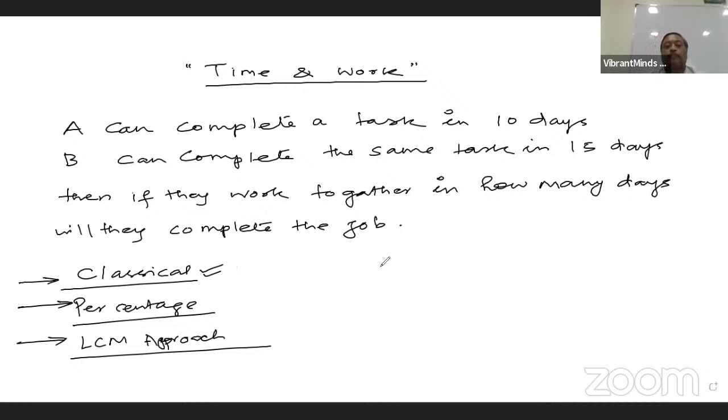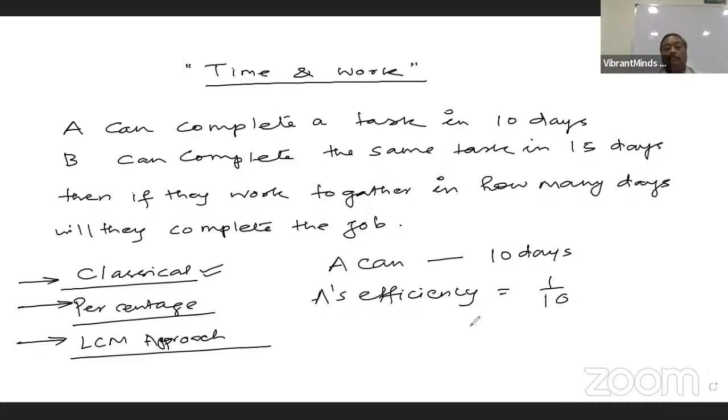Now see, I am going through the classical method. A can complete in 10 days. So A's efficiency will be 1 by 10.